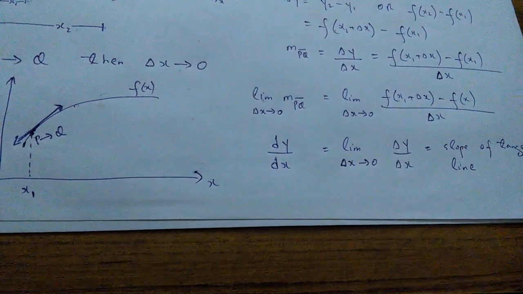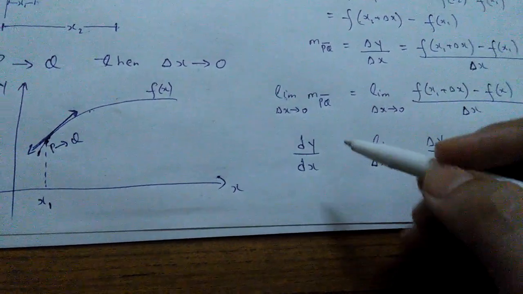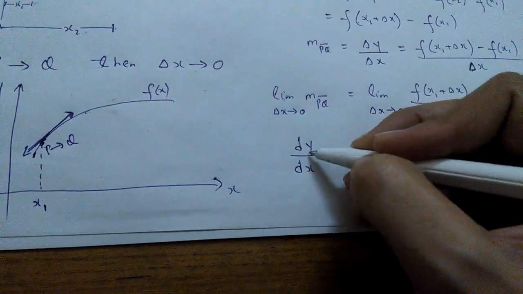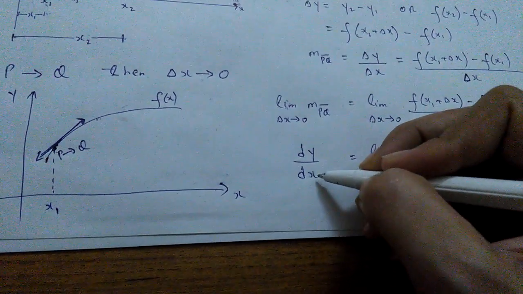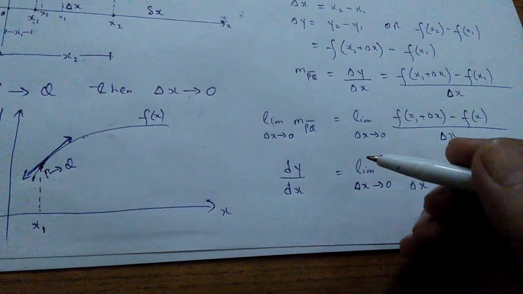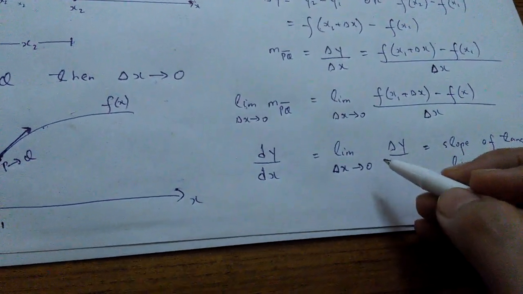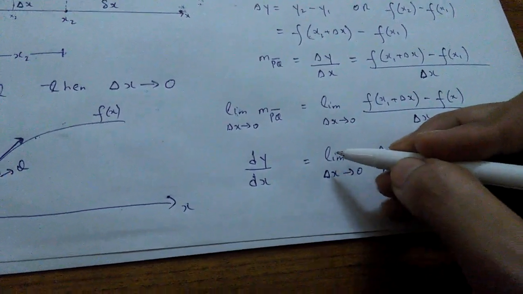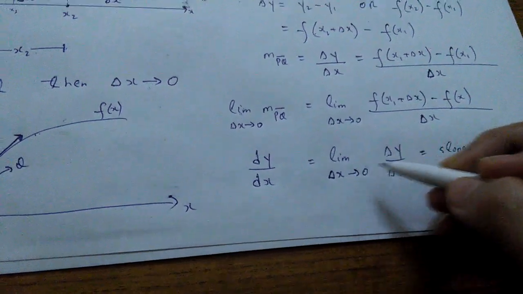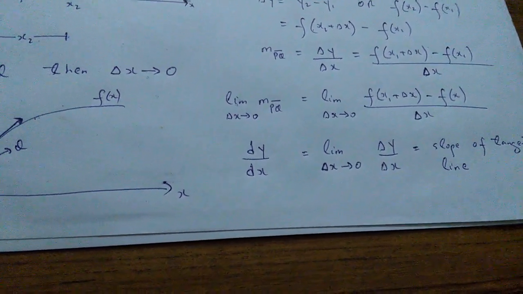So they came upon this concept that the ratio of a small change in dy with respect to a small change in dx explains the derivative of a function at a certain point. But at that time, both were unaware that the derivative is the limit of the slope of the secant line, which is equivalent to the slope of the tangent line, and it should be well defined.